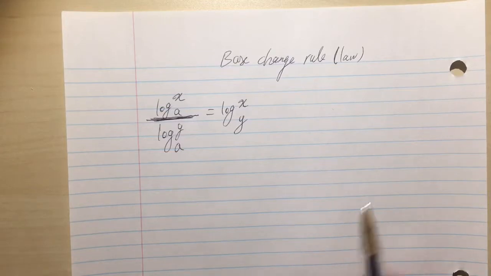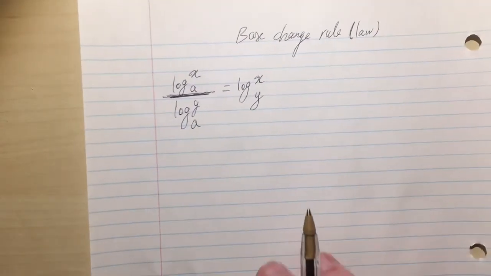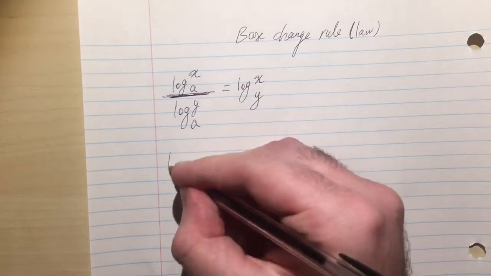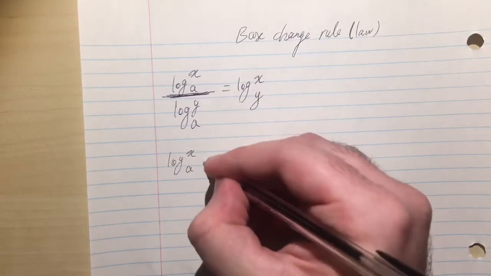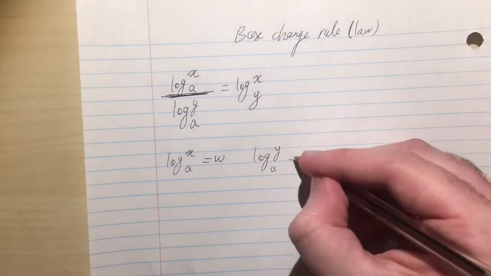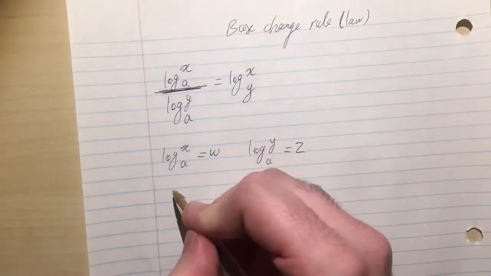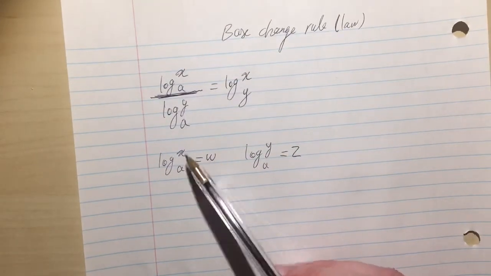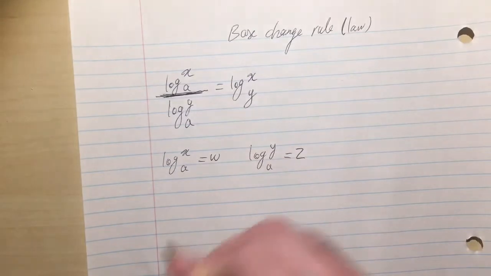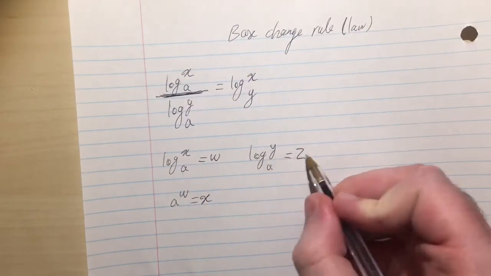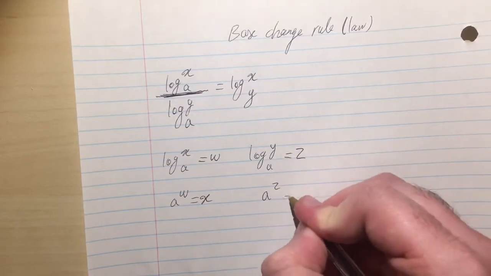Okay, so the proof. Like the method we used to prove the multiplication law, we name each of these. Log x base a would be w, and log y base a would be z. Another way of reading a log is that a to the w is x, and a to the z is y.